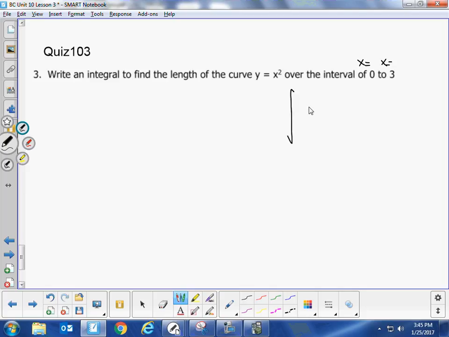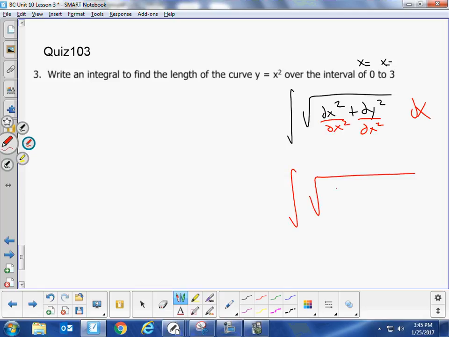We'll take an infinite sum of my tiny dx squareds plus my tiny dy squareds. I want dx here, so I need to bring in dx squared here. This turns into 1 plus the first derivative squared, from 0 to 3, or from a to b.